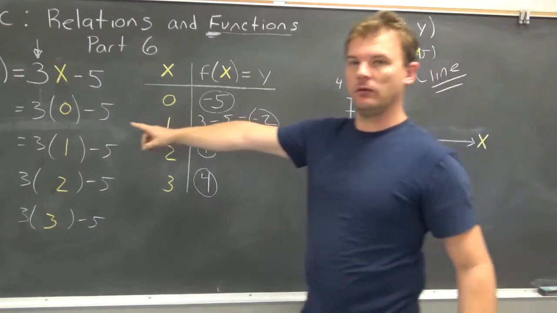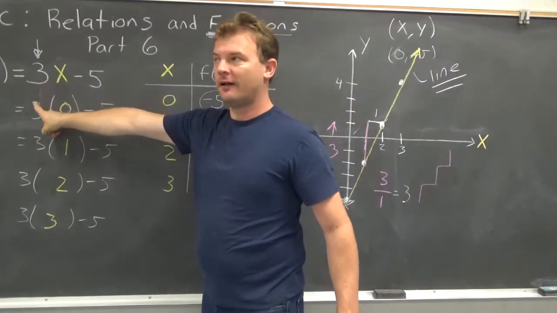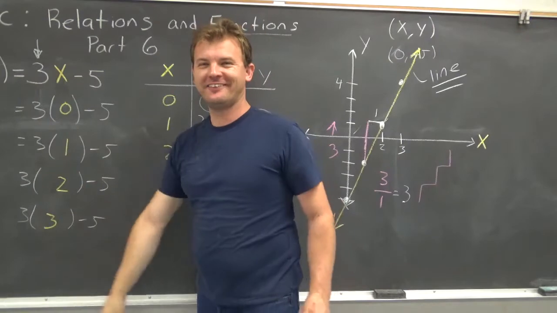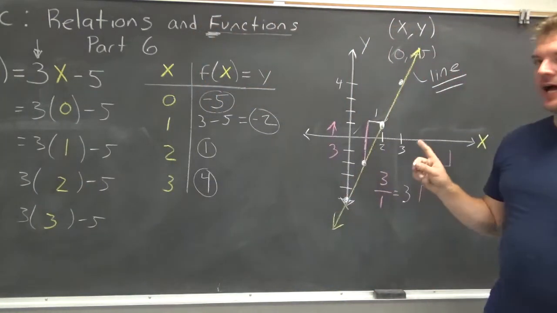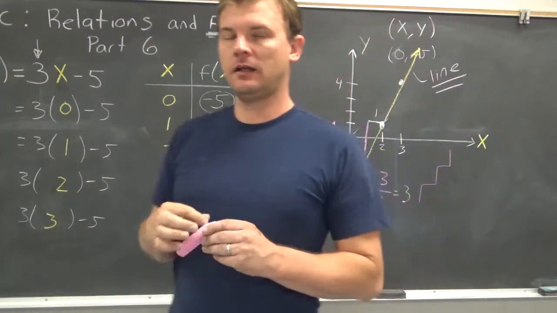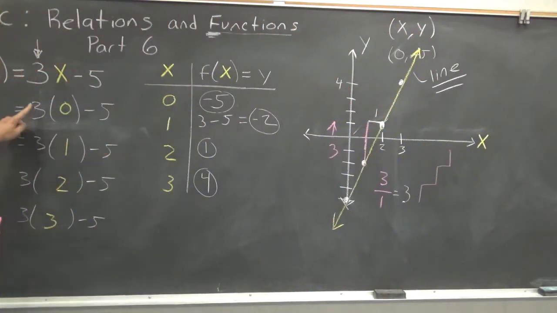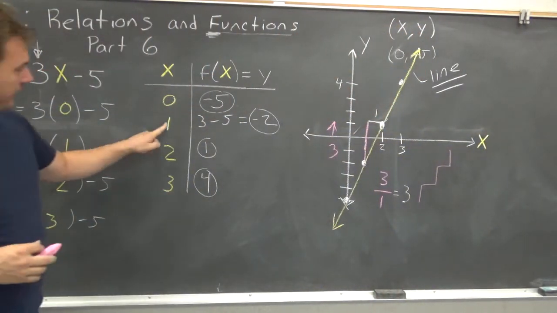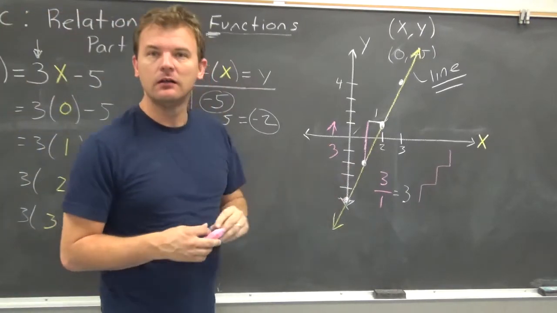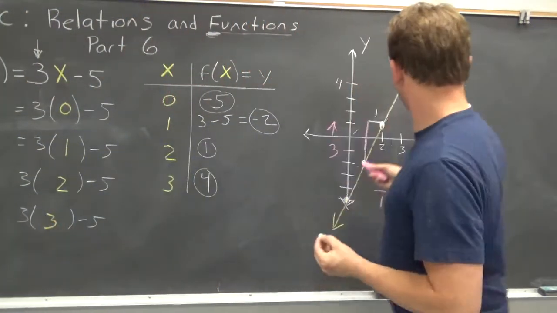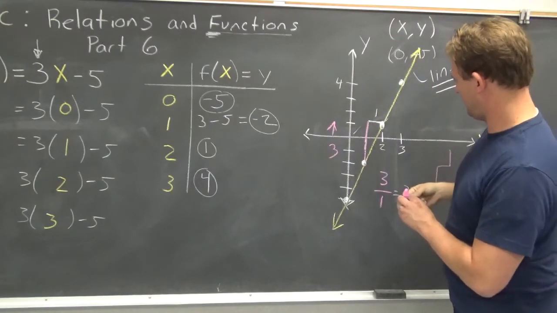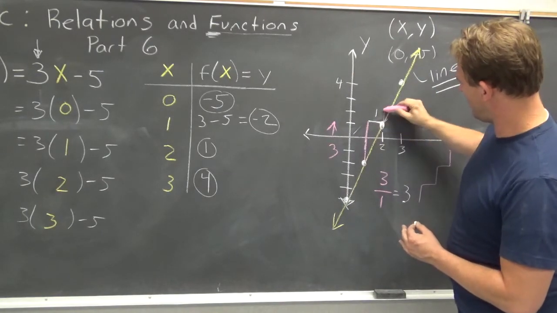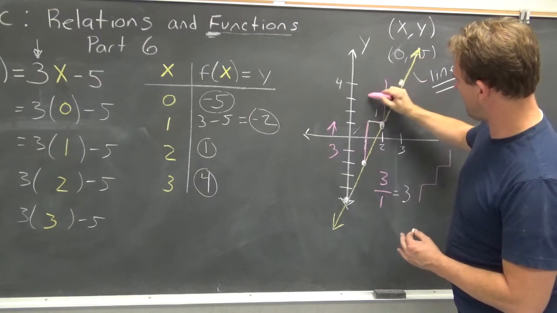Well, look right here. There's your 3. So that is our rate. Well, can I go from this point to this point? Let's do it. 1, 2, 3.